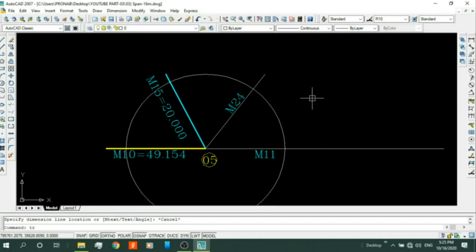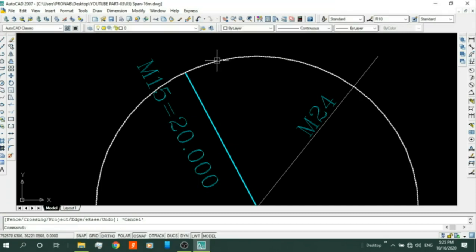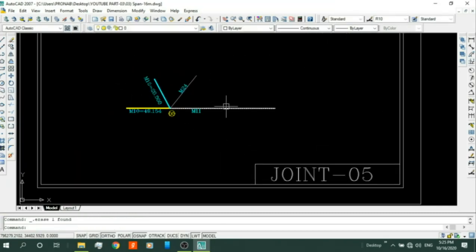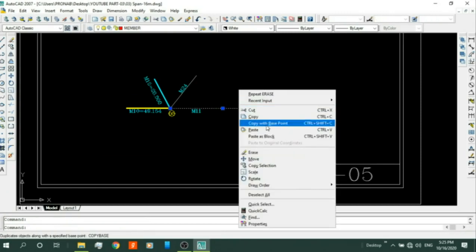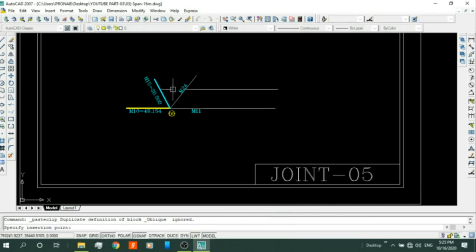Trim, delete this circle. Now copy this line, paste here.